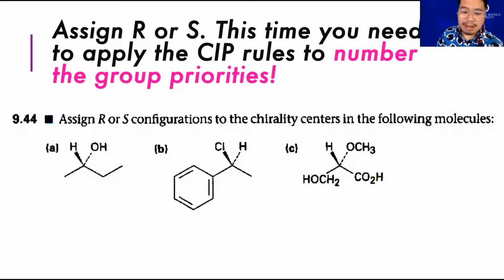Now, there are more to optical isomers than just this. In fact, I know we're a little over time, but the rest of it is something I think you can already study on your own. And this basically looks at the different relationships of other molecules. So if one molecule is an R molecule, its enantiomer will be an S molecule.